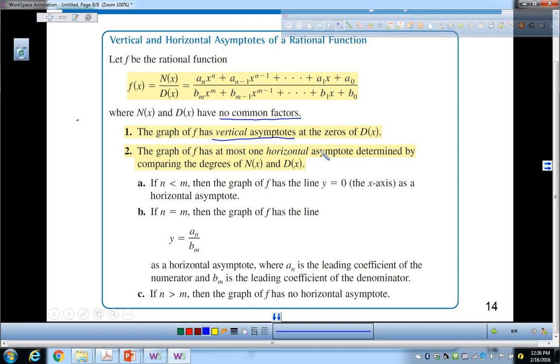To find horizontal asymptotes, there are 3 rules, okay? And you have to compare the degree of the top polynomial with the bottom polynomial.